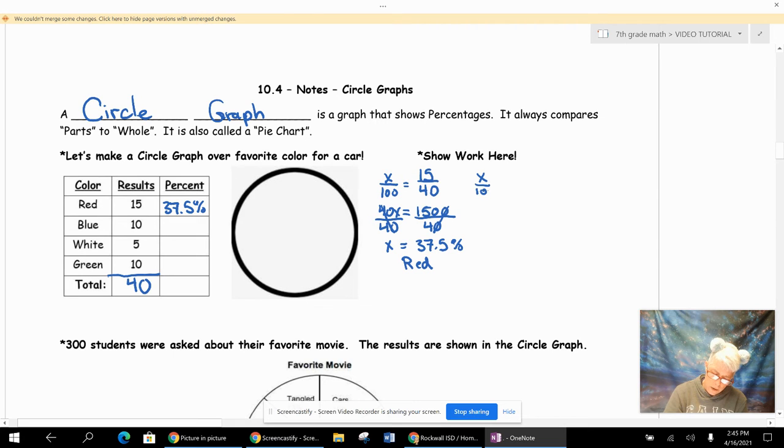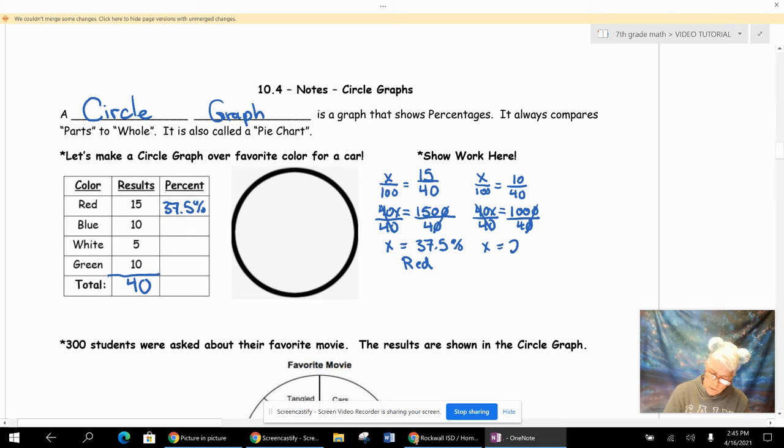All right, let's do the next one. x over 100 equals 10 over 40 because there's 10 people who like blue. So I cross multiply, 40 times x, 100 times 10, divide. I can knock out those zeros. 100 divided by 4 is 25.